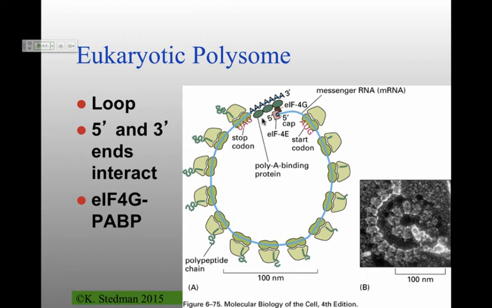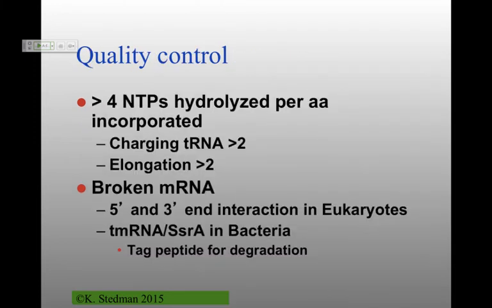I already mentioned before, EIF4G interacts with the poly A binding protein in order to get these two ends of the mRNA together. When you talk about translation, you always show the nice linear RNA, 5' end and 3' end. But they're almost always associated together, at least in eukaryotic systems.